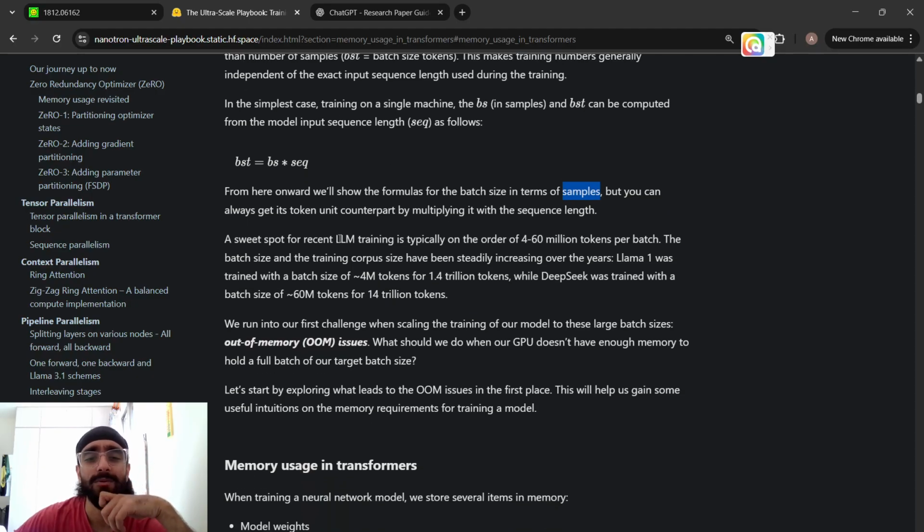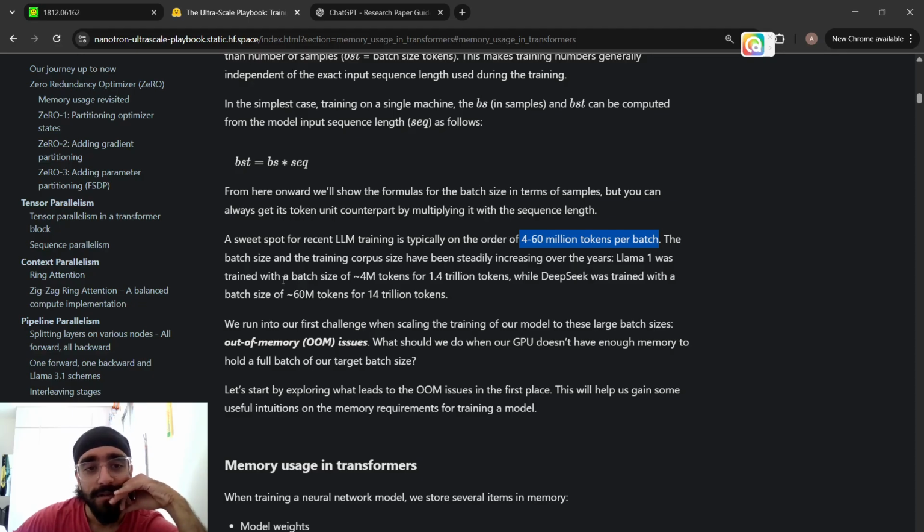Okay, whatever. I don't understand this fully. Yeah, now they're reporting tokens per batch. Here you were saying that we'll show the formulas for batch size in terms of samples. Now you're saying tokens per batch.